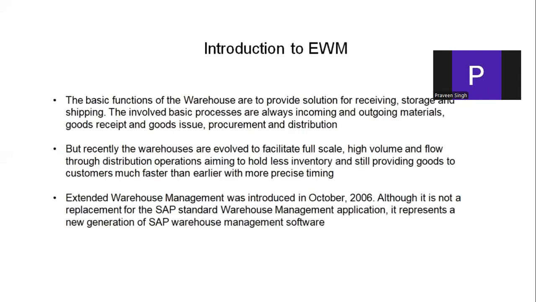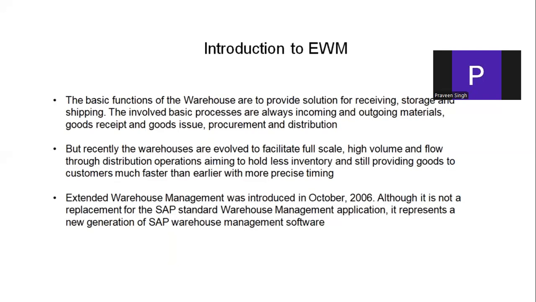Coming to the basic functionalities of Extended Warehouse Management, it provides a solution for receiving, storing, and shipping all the goods. It mostly involves basic processes like outgoing material, handling goods received, goods issued, procurement, and distribution.